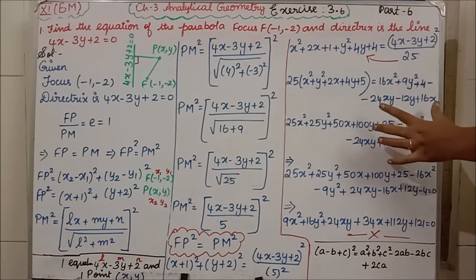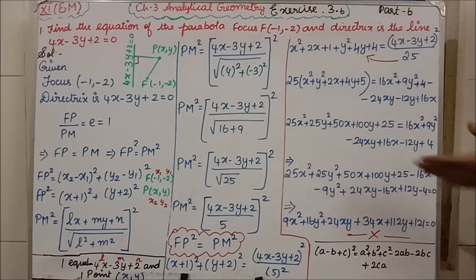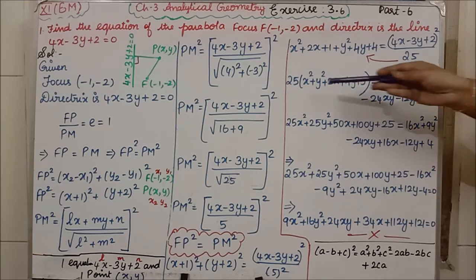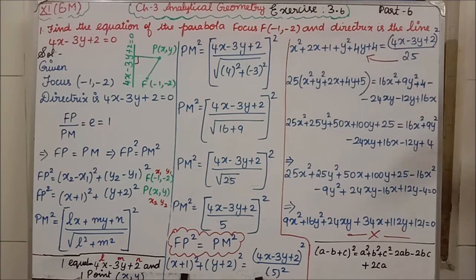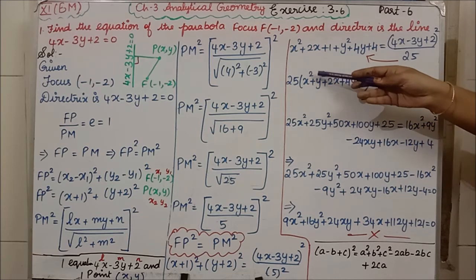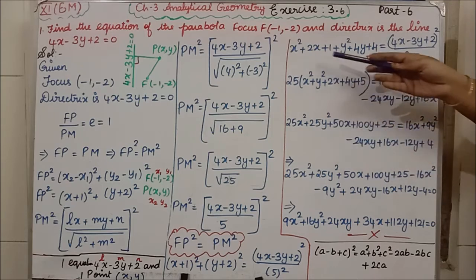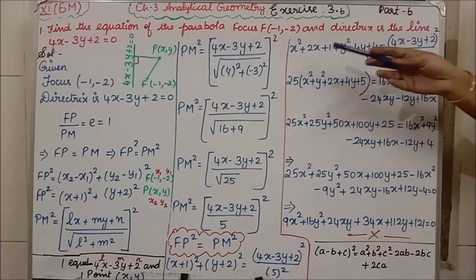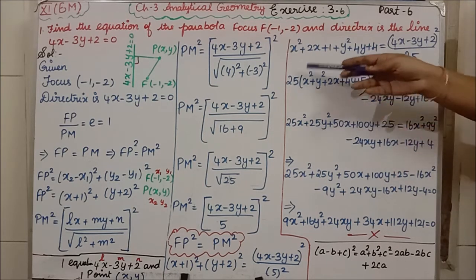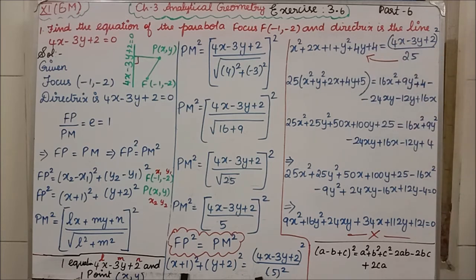I am taking all the values, first I am just simplifying. I am taking the 25 inside. Then in the next step only I am taking all the right hand side terms to the left hand side. Clear now? I am taking the 25 inside. 25 into x square is 25x square, y square is 25y square, 25 into 2 is 50, 25 into 4 is 100, 25 into 5 is 125.